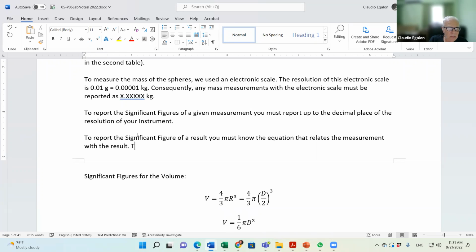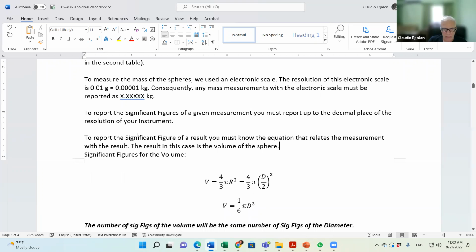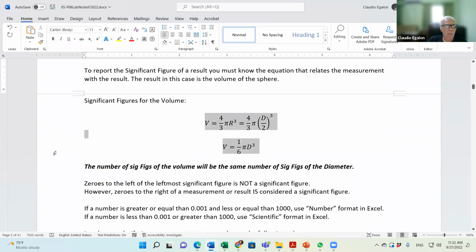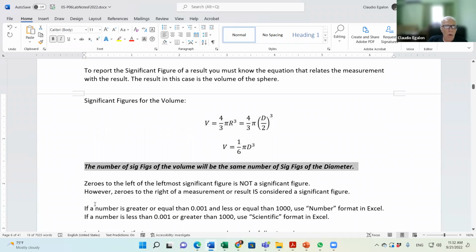The result in this case is the volume of the sphere. And very soon you're going to understand why we're working on the volume and not the area. The equation for the volume is given by this equation right here. Now the question is, how do I report the proper number of significant figures of the volume?